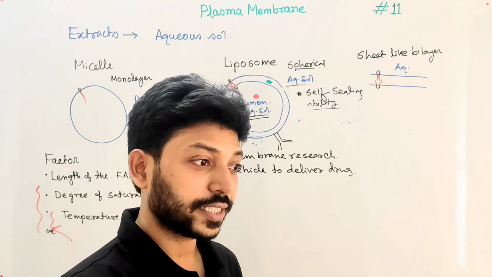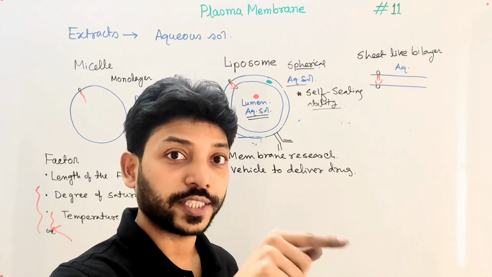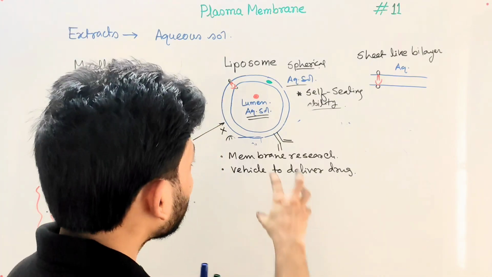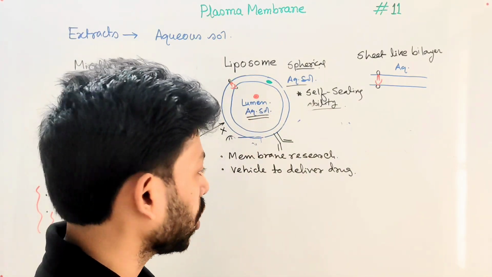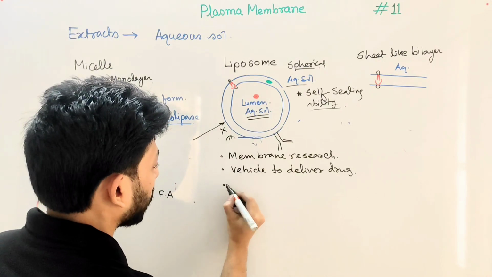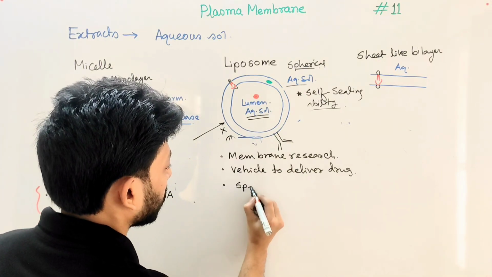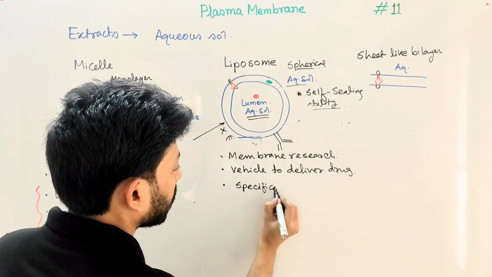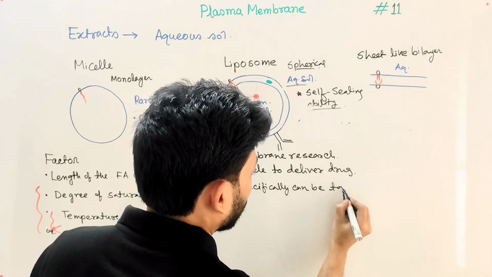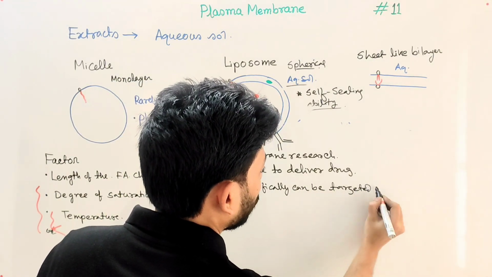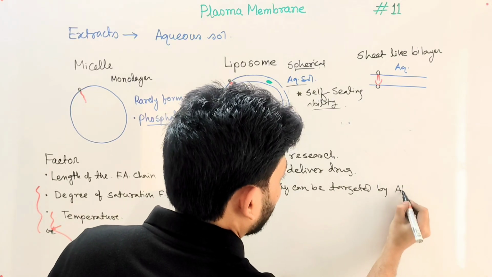Let's suppose that antigen is expressed by the disease-causing cells, then these liposomes could be targeted very specifically, non-randomly, by the use of antibody.